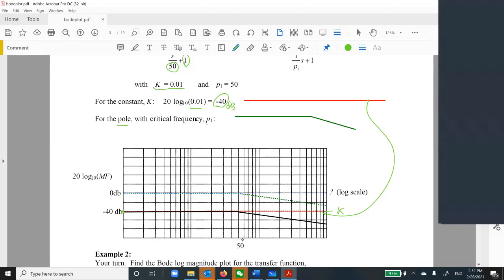P1 is 50, so here is 50. This is 10, 20, 30, 40, 50. Here we give you 100, and here we give you 1,000. So this is your corner frequency because there's a corner.